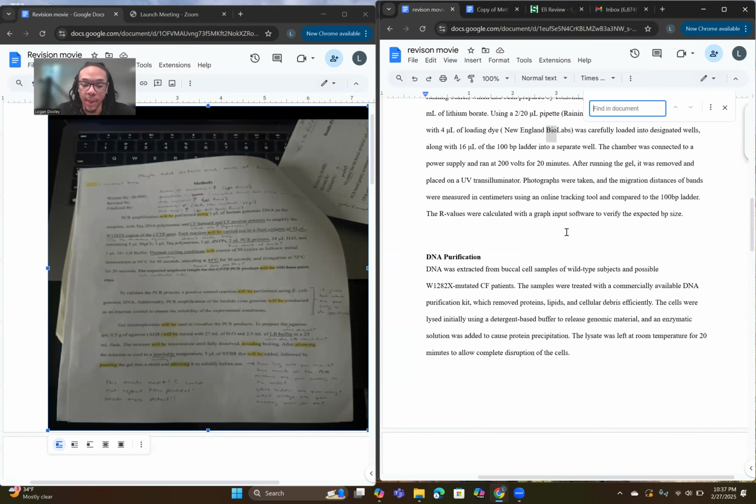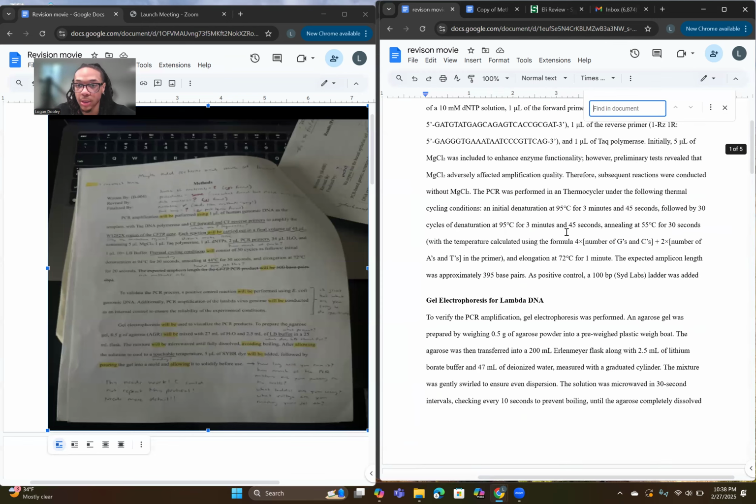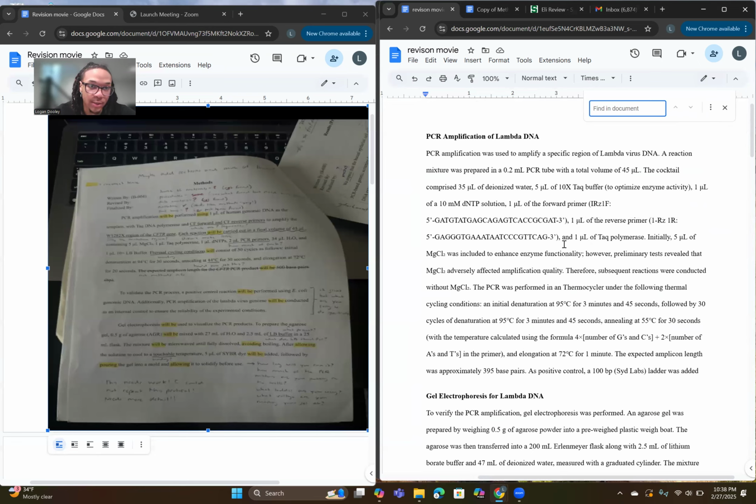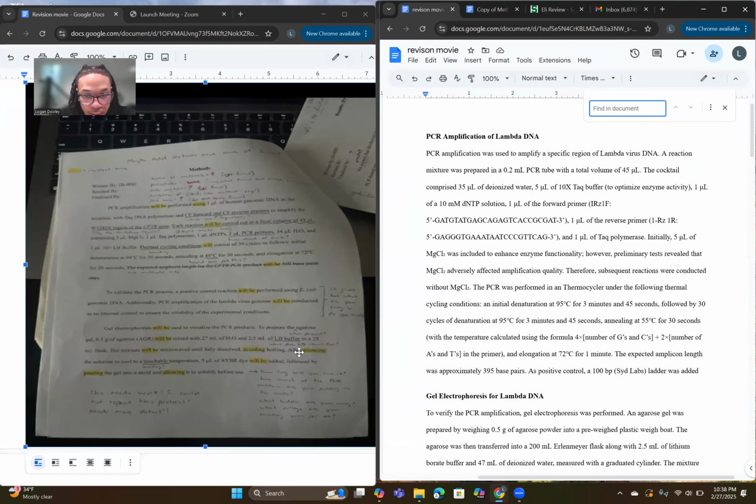So basically, I omitted things like will be, allowing, avoiding, language like that throughout the second method section. So I made sure to focus on being in past tense.